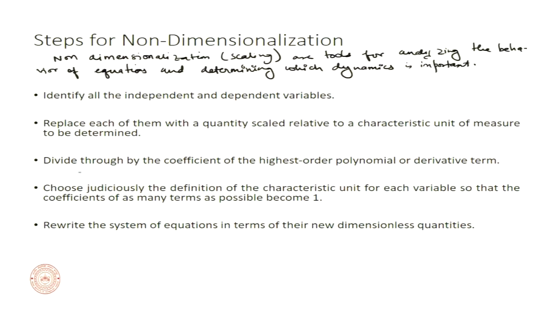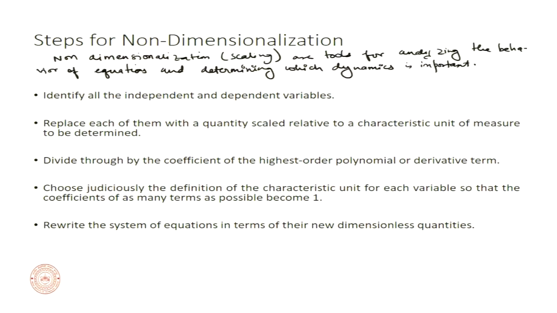that quantity. Then we divide through by the coefficient of the highest order term. Once we have normalized, we substitute back into our differential equation, and we normalize each term based on the highest order derivative term. Okay, once everything is brought down to one side, we will have all the constants grouped into one or two terms. We will then judiciously select a characteristic unit so that the coefficients can be reduced as much as possible to 1.